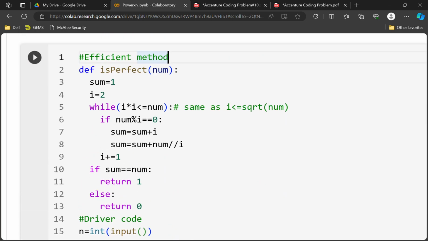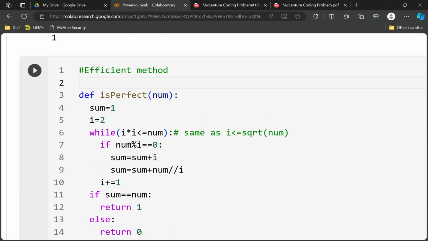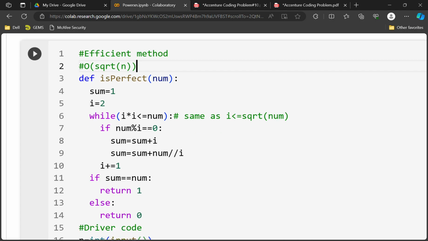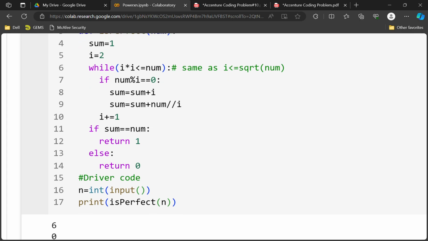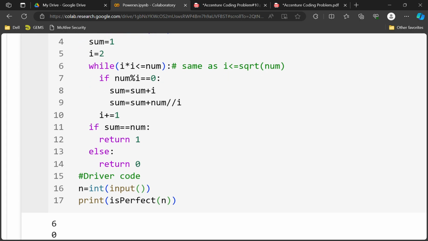The number of iterations will go up to big O of square root of n. What is n here? It is not input size, it is the number. Then let us go through the function as I have explained earlier. This is the same as i less than or equal to square root of num. The remaining I have explained earlier.